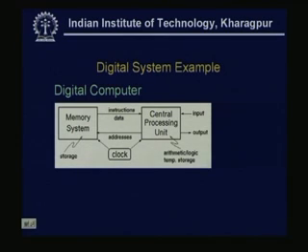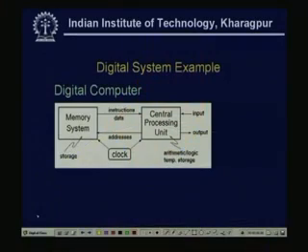The most common examples, as I have already mentioned, many digital system examples: a digital calculator is one example.